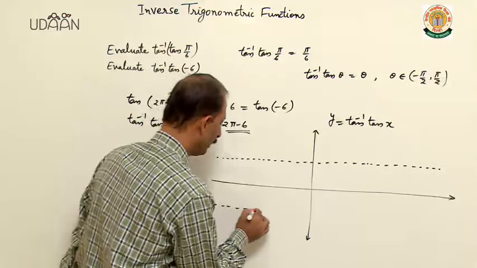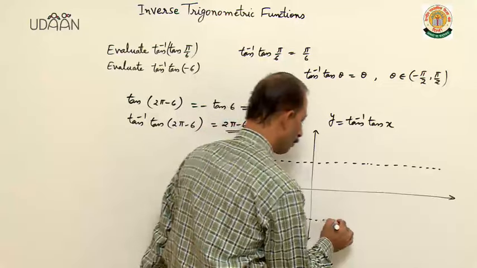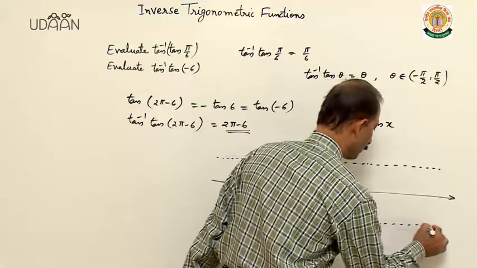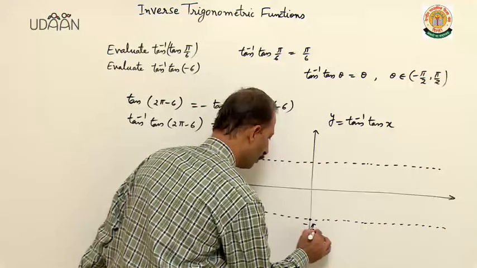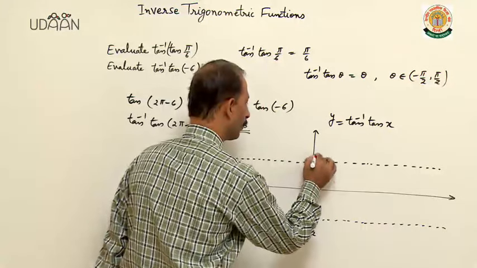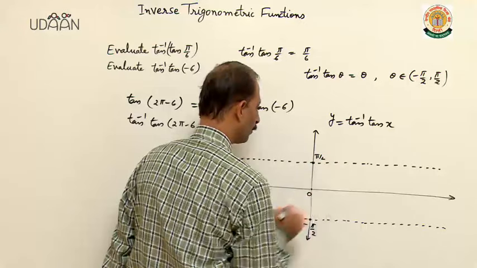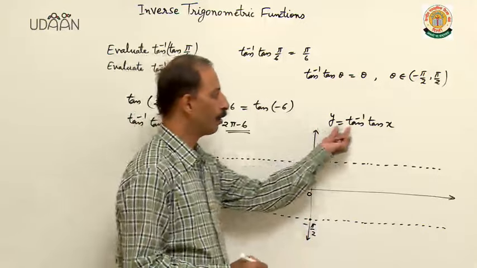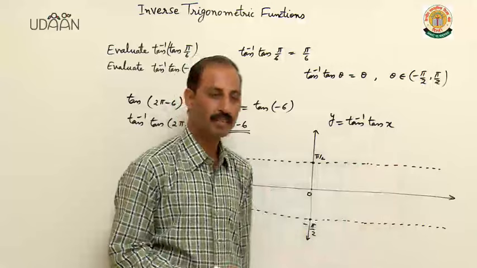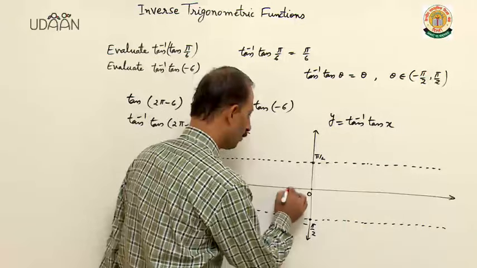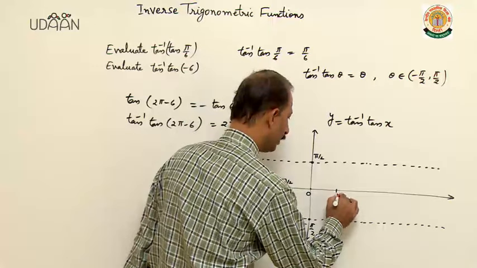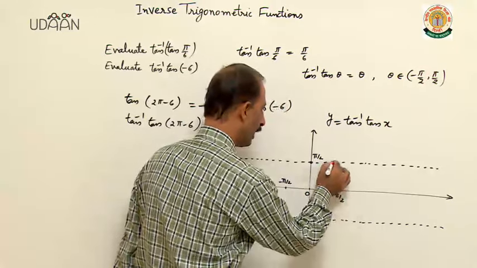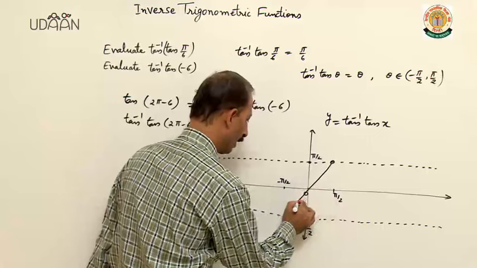And this is the line y equal to minus pi by 2. Here is minus pi by 2, this is plus pi by 2, here 0. y is equal to tan inverse of tan x. In the interval minus pi by 2 to plus pi by 2, its value becomes x. So you will get this type of graph.